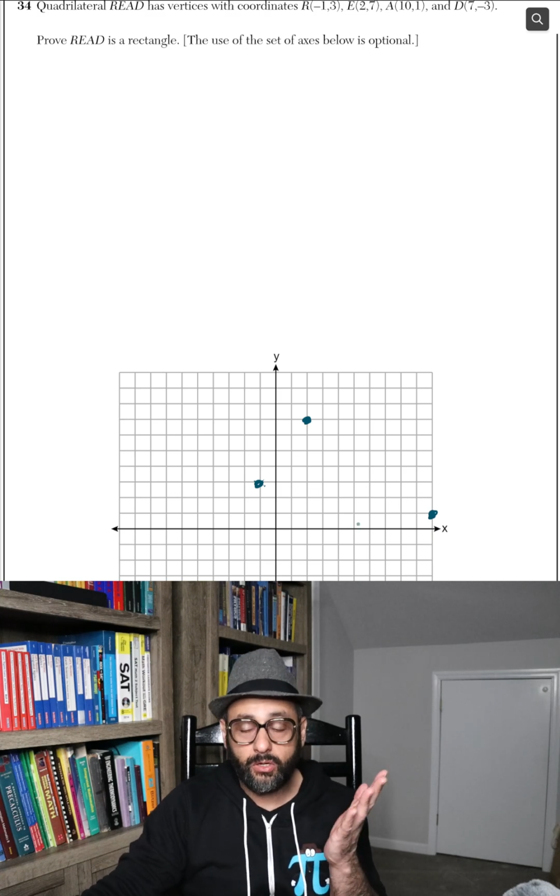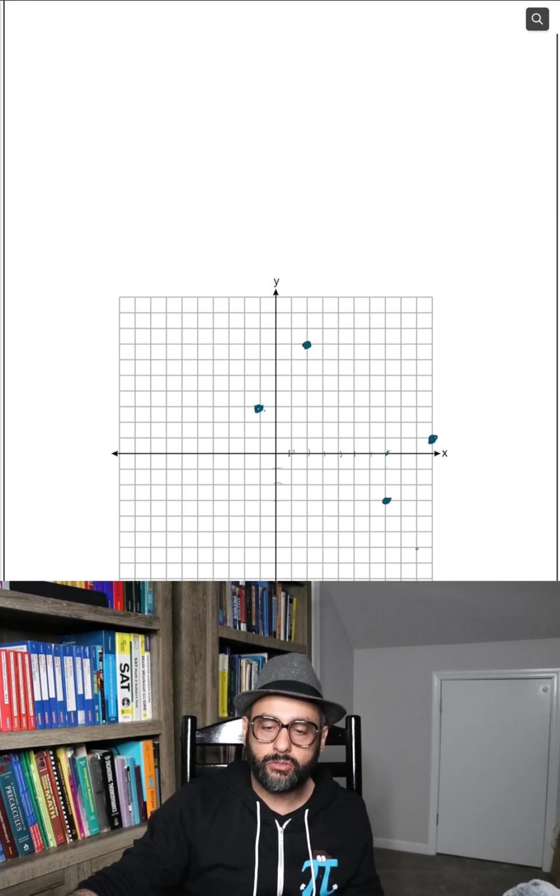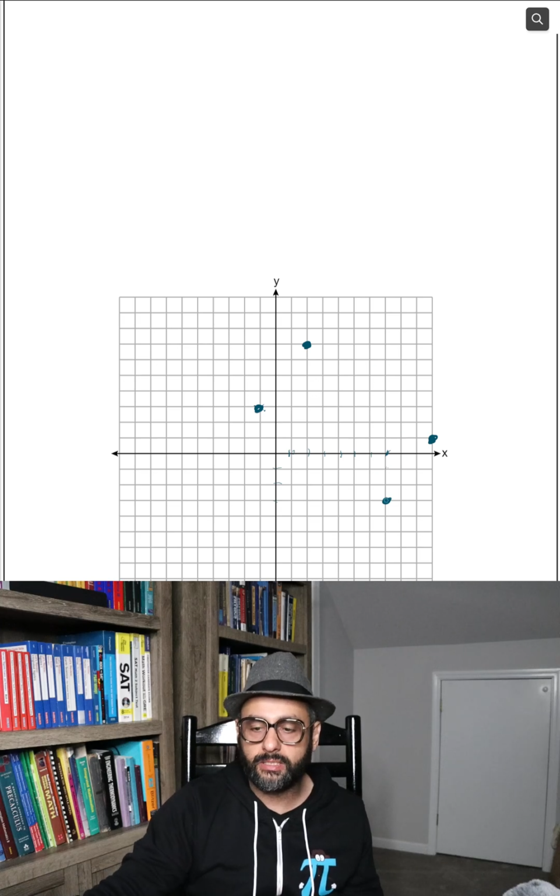I just visually know where those are. You probably don't. So you should be doing 7, -3, D, counting 1, 2, 3, 4, 5, 6, 7 across and -1, -2, -3 down. That's what you should be doing. Don't assume that just because I drew it so fast that I didn't actually do the work.